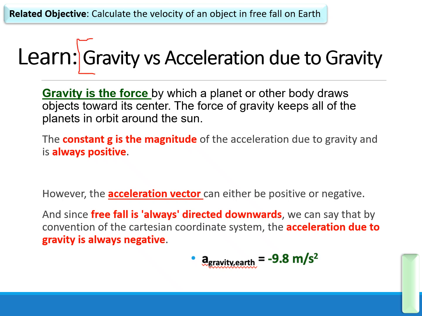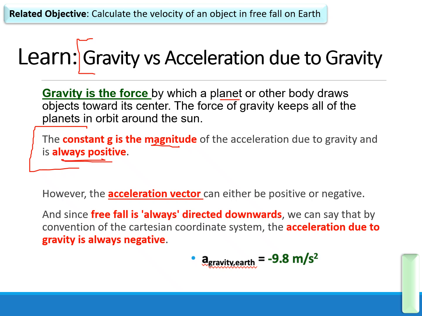Remember that gravity is the force which the planet Earth or some other object is attracting towards itself, right? And the force of gravity keeps all planets in orbit around the sun. And this constant is a magnitude and is always, always positive.